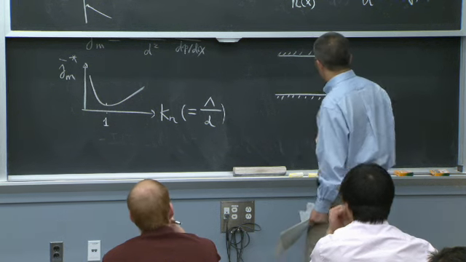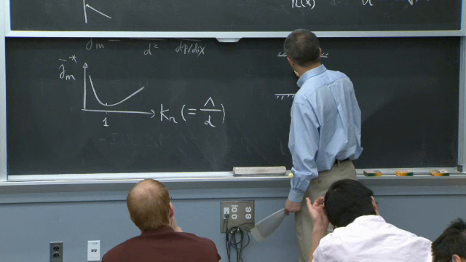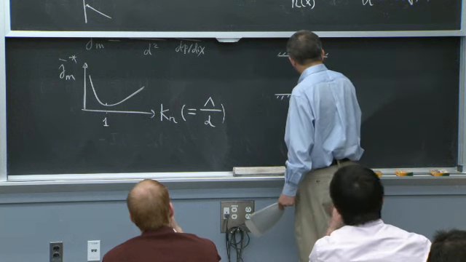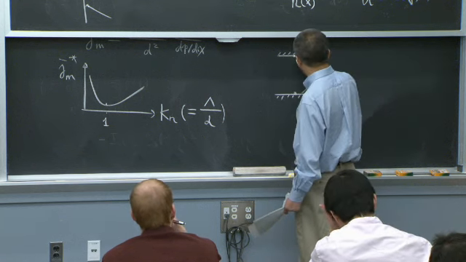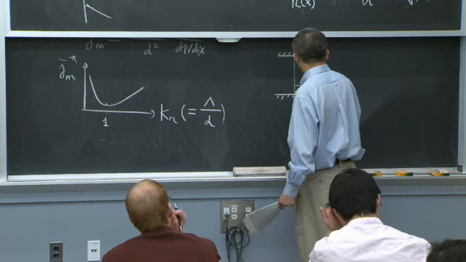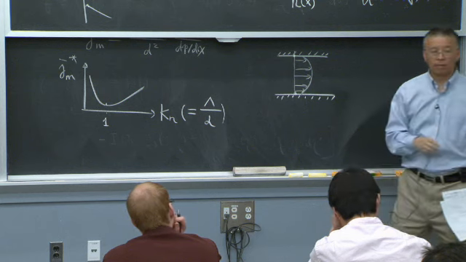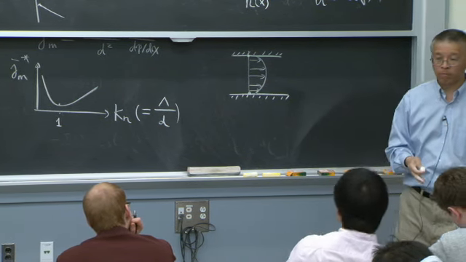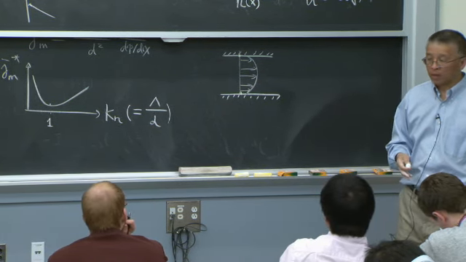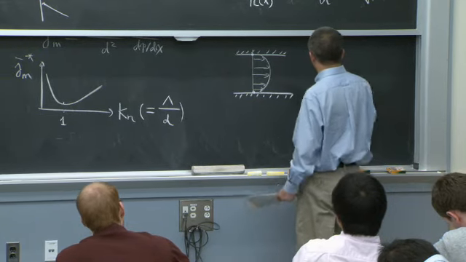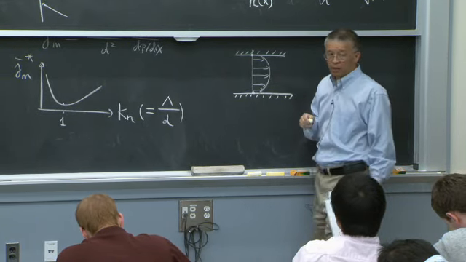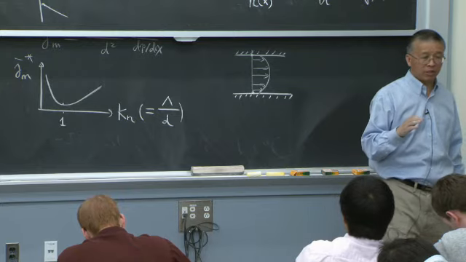But the Boltzmann equation will tell you this is not zero. The velocity has a discontinuity at the wall. So this is the velocity. There is actually a slip that happens between the fluid and the wall.